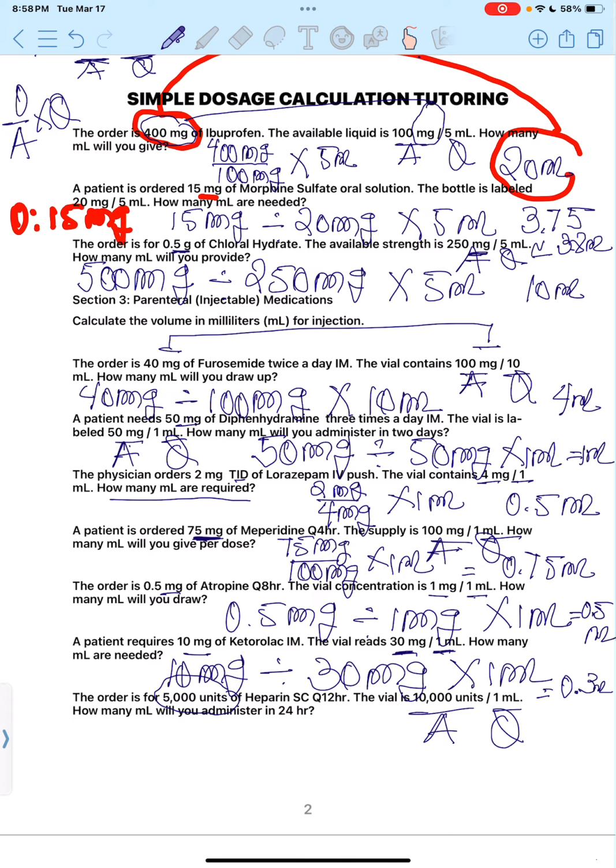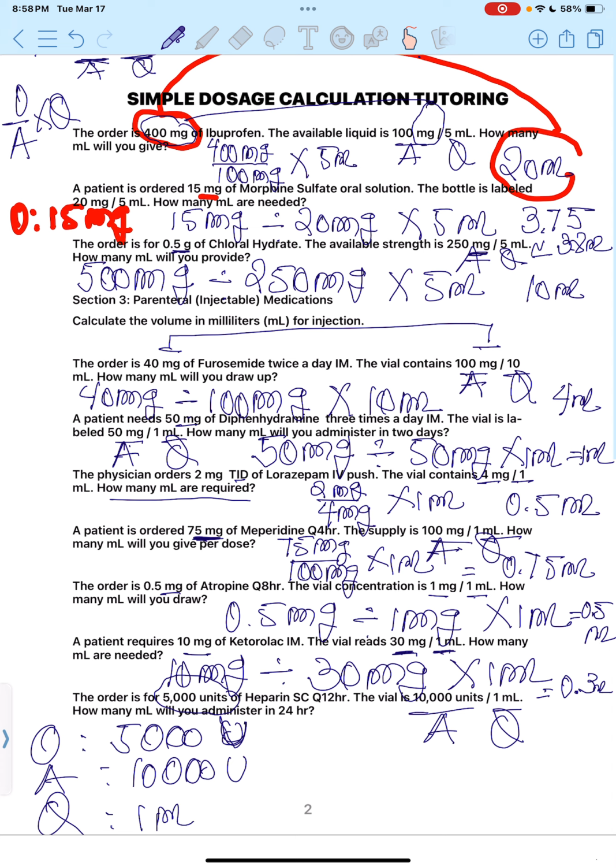The order is 5,000 units. That's what the doctor prescribed. Your available is 10,000, and your quantity is 1 milliliter. But remember, we are looking at what we're going to give in 24 hours. You can multiply the 5,000 by 2, Mr. Z. Where does the 2 come from? The frequency. Every 12 hours means 2 times.